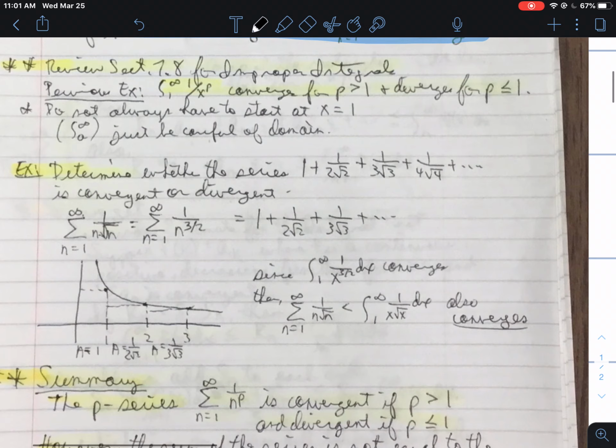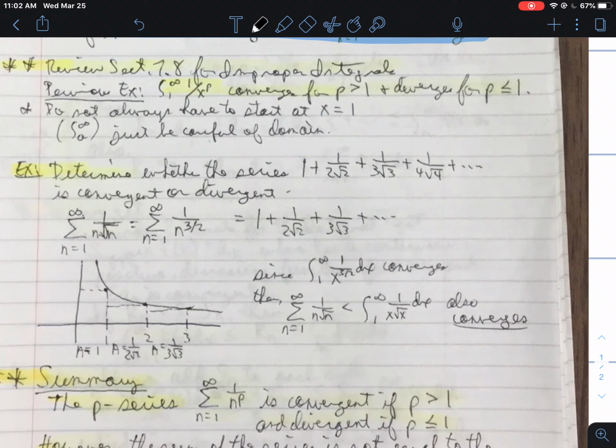All right, so back to section 7.8 again. You may need to review some of that, and this is what I mentioned earlier, the integral from 1 to infinity of 1 over x to the r. We're going to use p now, because eventually we're going to call these p series. So 1 over x to the p. We know that this is a convergent integral if p is greater than 1, and divergent if p is less than or equal to 1.